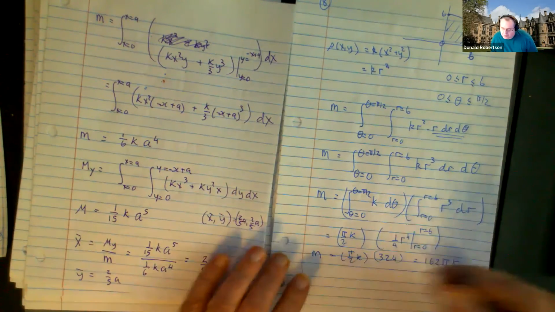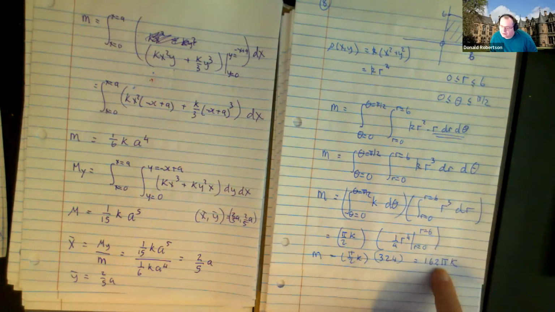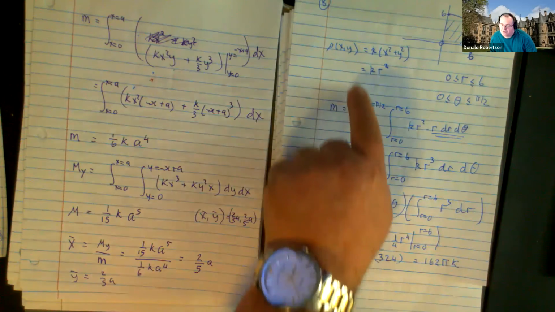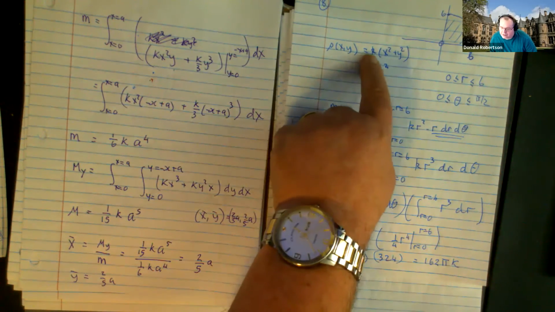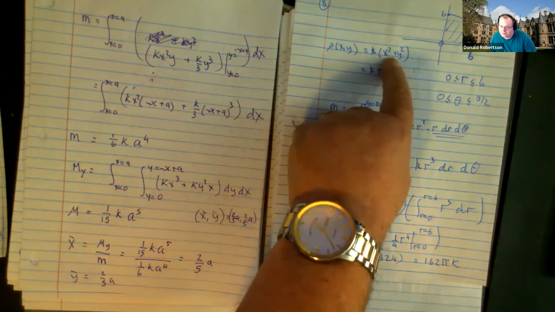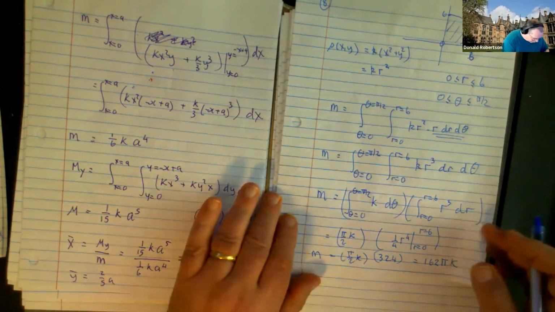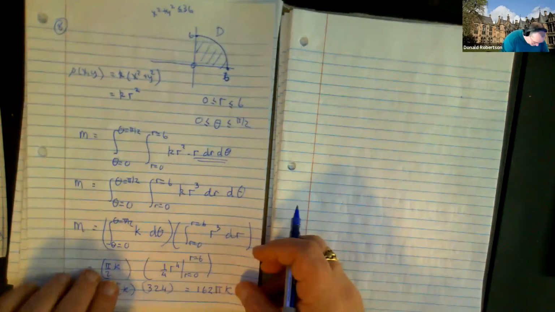So we're comfortable the mass ends up being this. For the limits of integration, the density function is proportional, that's the key part, to the square of the distance to the origin, which gave me this. So we're doing this one all the way to the end.